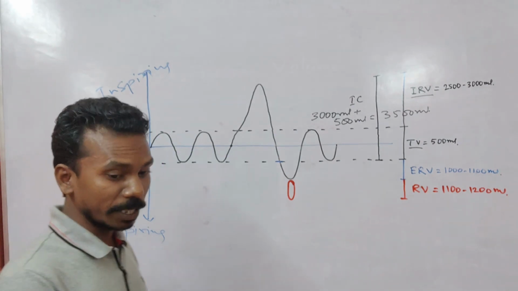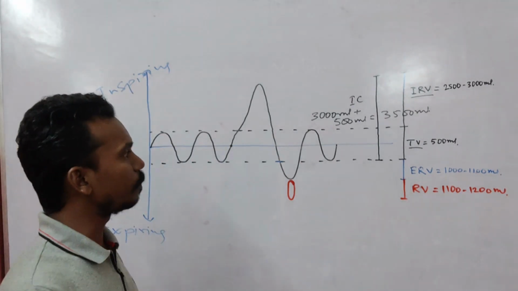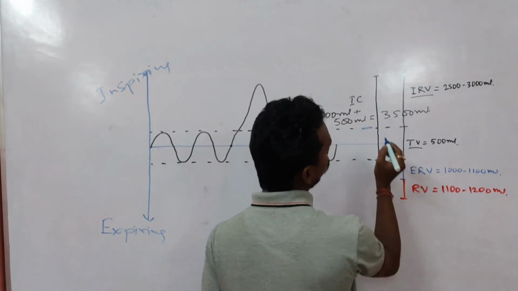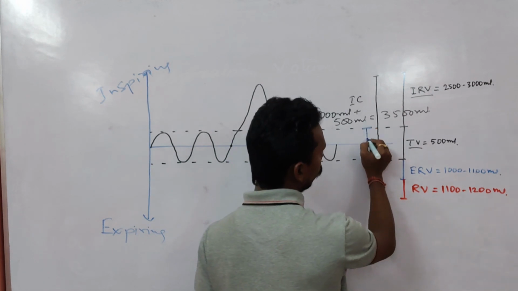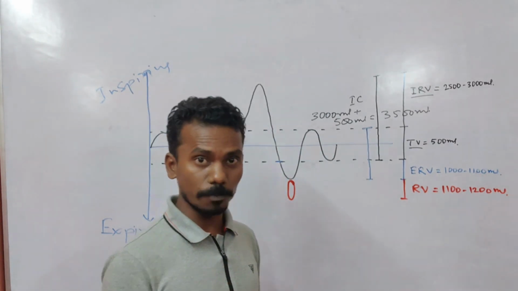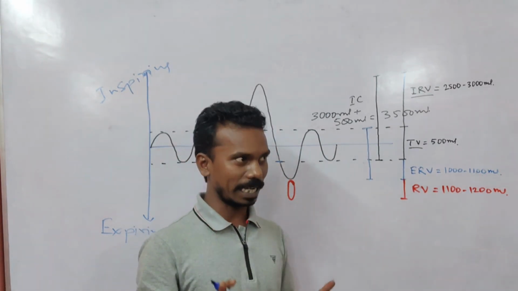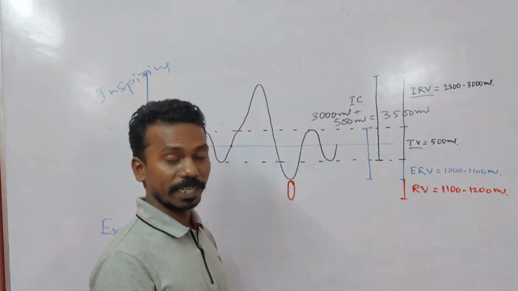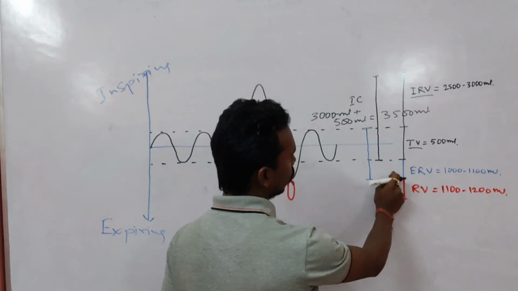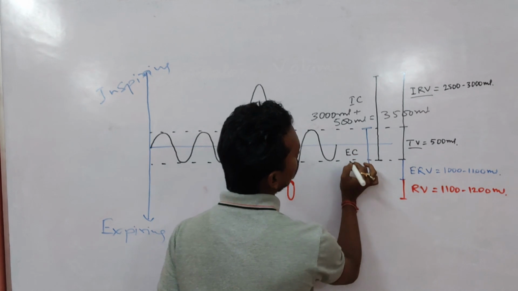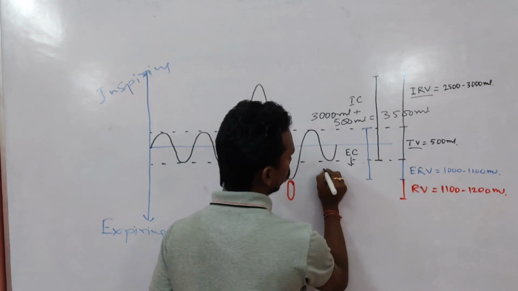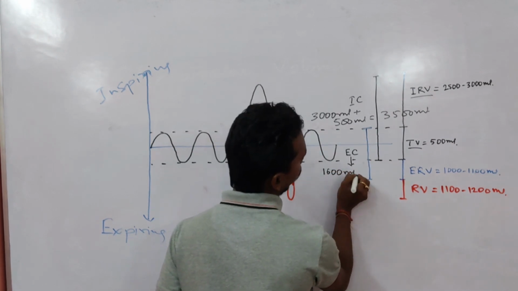Then another is expiratory capacity, which is the volume of air that can be expelled from your lung in a single expiration. It is a summation of tidal volume and expiratory reserve volume, which is approximately 500 ml plus 1100 ml, so the total is 1600 ml.